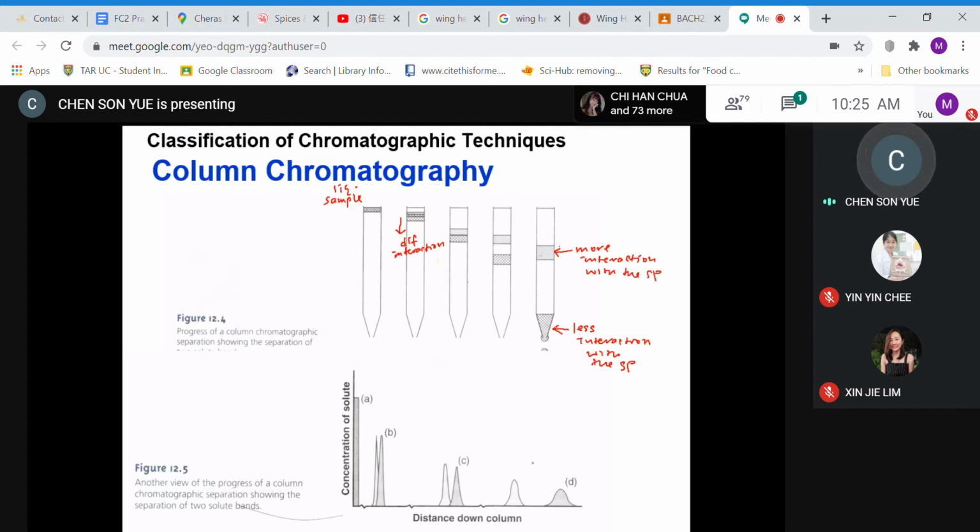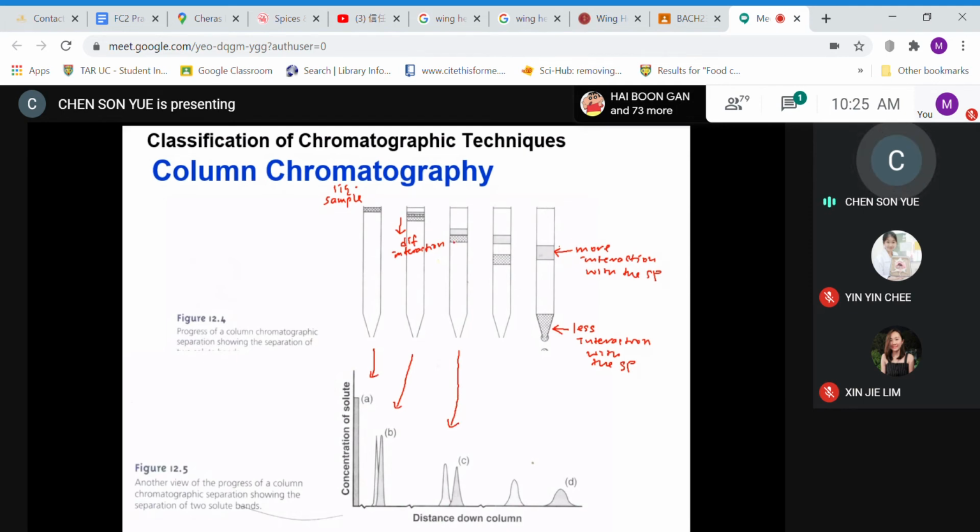So faster, lesser interaction; slower, because of more interaction. That's why you can see the peaks here, and this refers to the separation here.